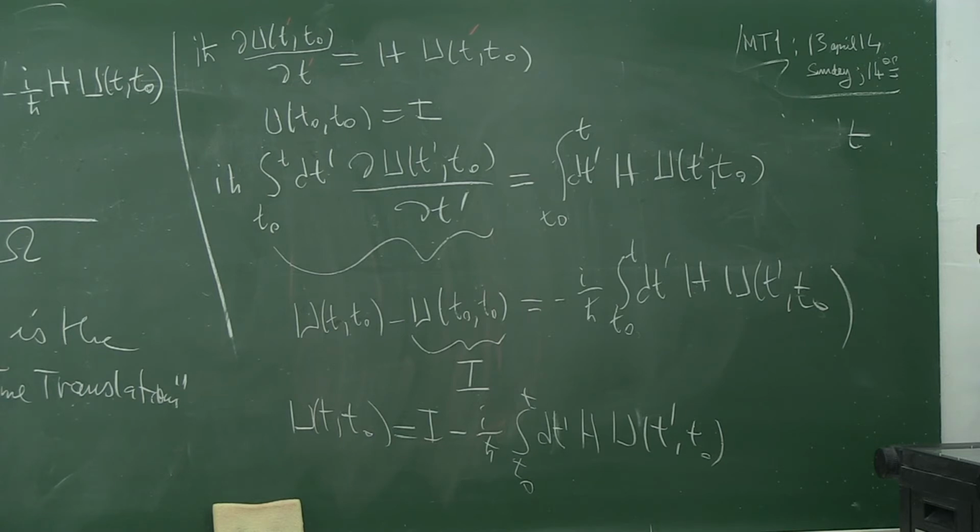And these integral equations can be solved using the iteration techniques. They're easier to solve because iteration has a certain physical ingredient involved. Iteration goes as follows. At the zeroth order, there is no transition. The system is unaffected. You take that zero order solution and feed in the right-hand side to get the first order, because it involves H once. H is the agent causing the transition. No H, no transition.